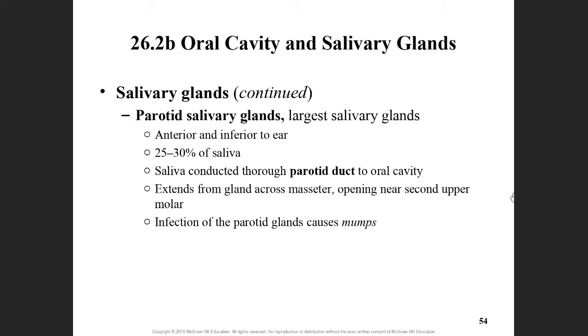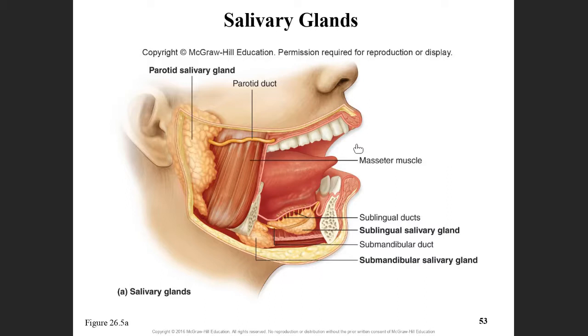The next salivary gland which we have, this is the parotid duct. It passes the masseter and enters our oral cavity, and as you see here, it opens at the second molar. The next salivary gland, as you see here, is called the submandibular salivary gland.